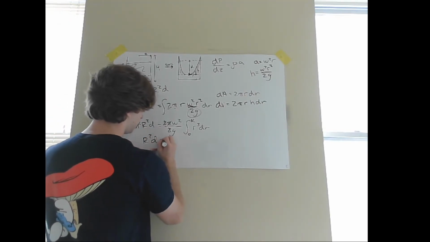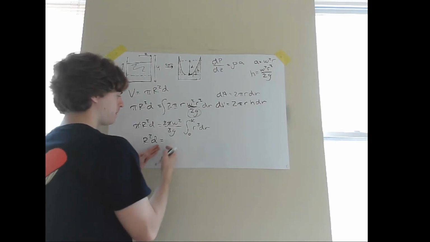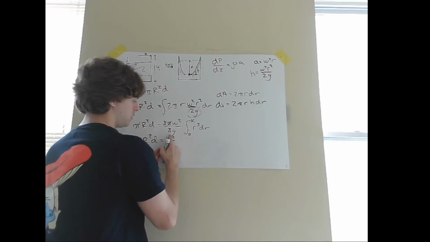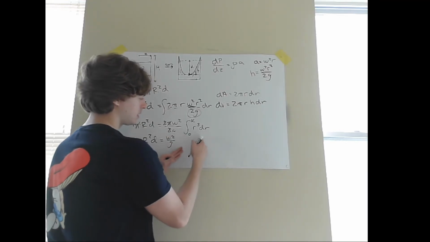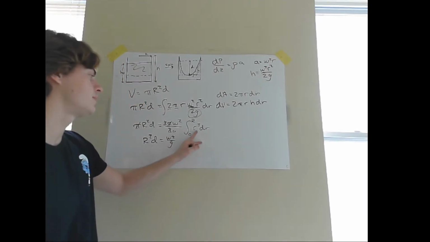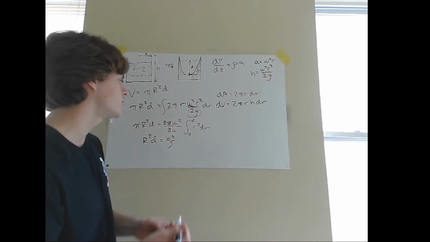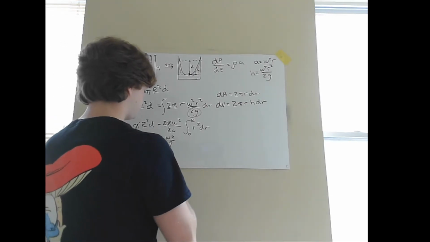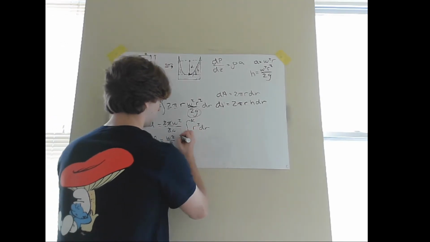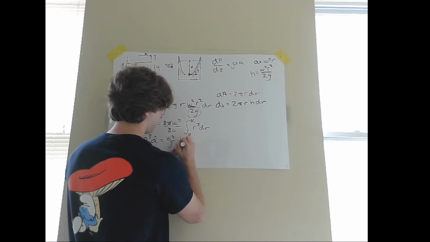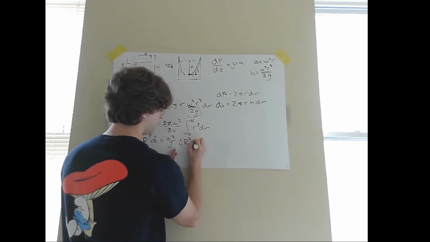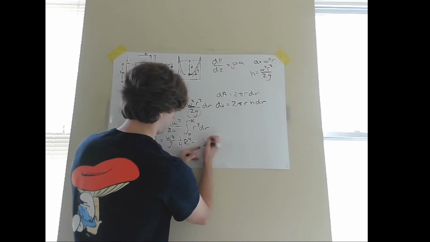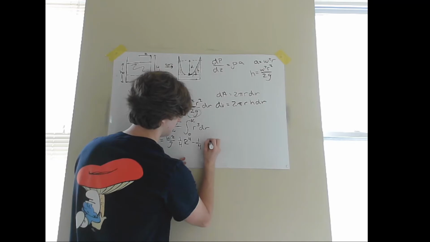So the left side of the equation is unchanged. Our constants left are just omega squared over g. And then if we take the integral of r cubed, it's just 1/4 r to the 4th. So we have 1/4 big R to the 4th minus 1/4 0 to the 4th.